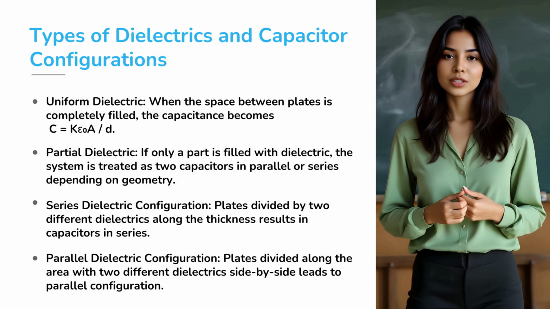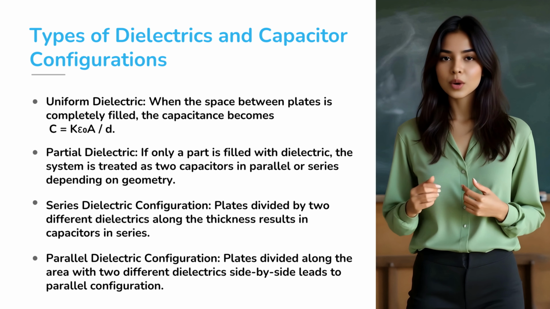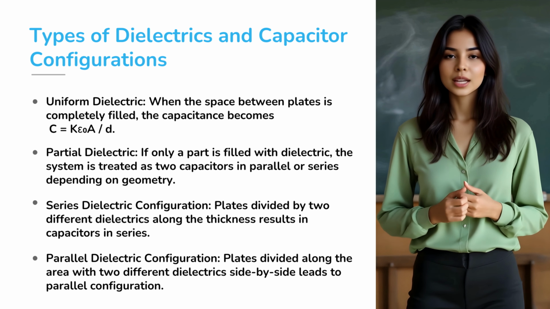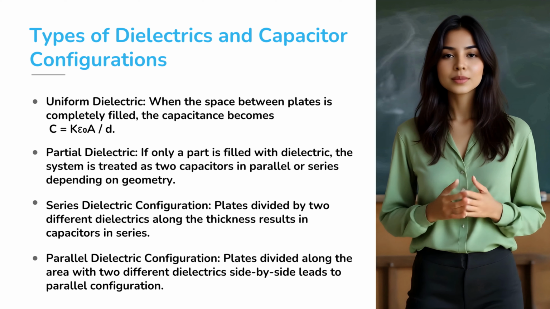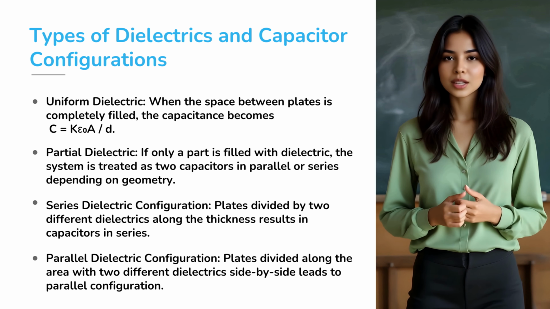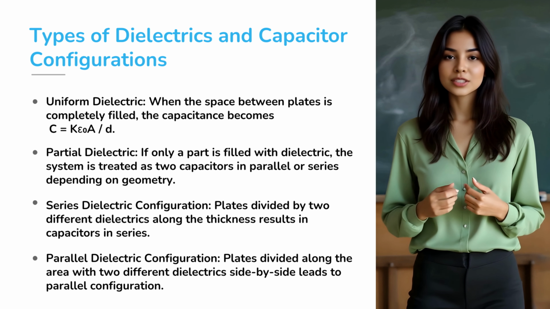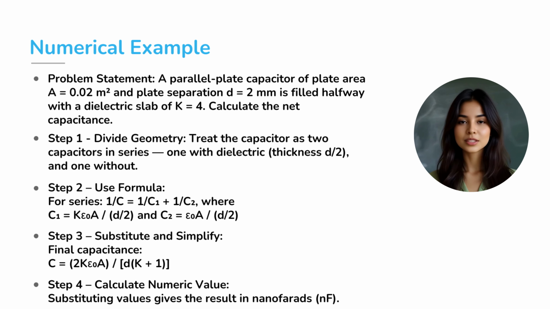If the dielectric divides the distance between plates, like 1/2 dielectric, 1/2 vacuum, it behaves like two capacitors in series. If it divides the area, say half the plate area is covered with dielectric and half is not, it acts like capacitors in parallel. Let's solve a challenging example to see how this works in numbers.